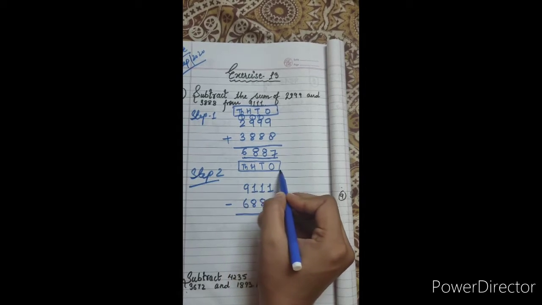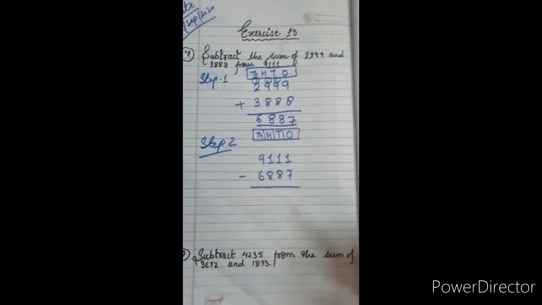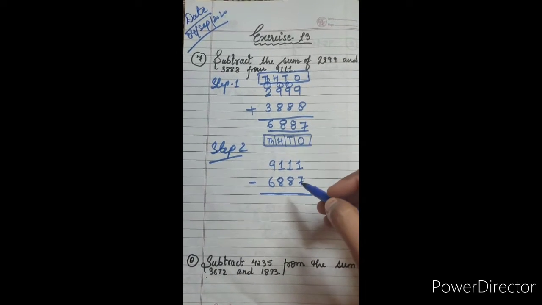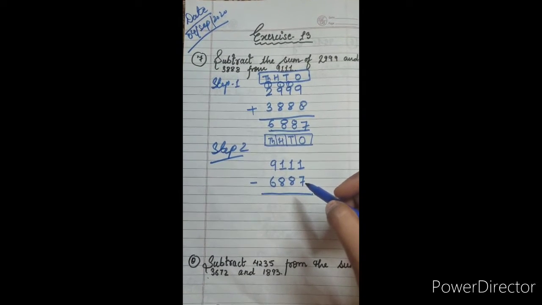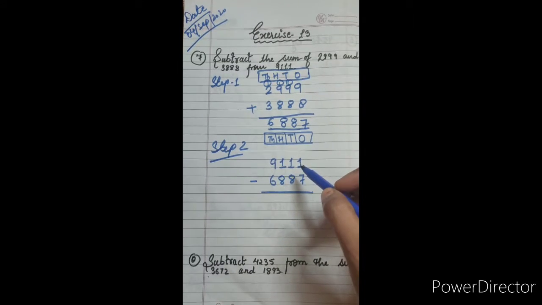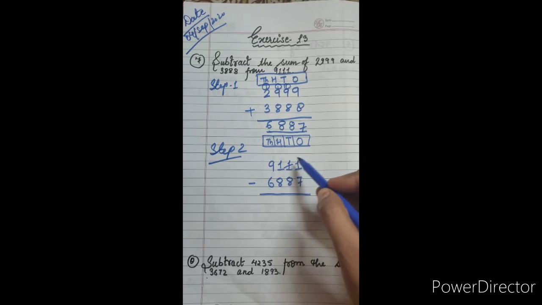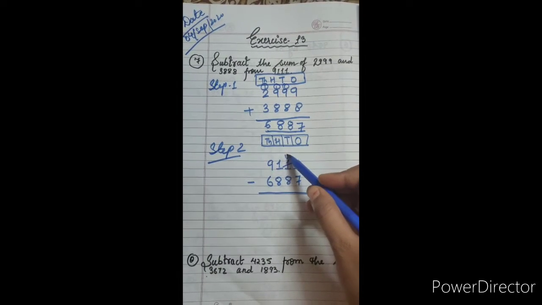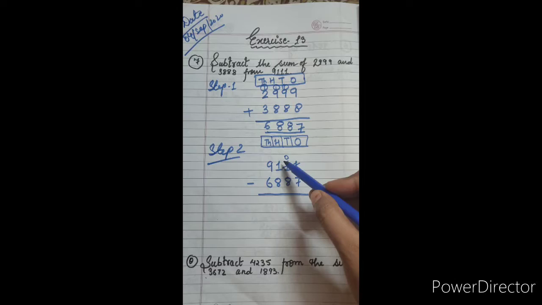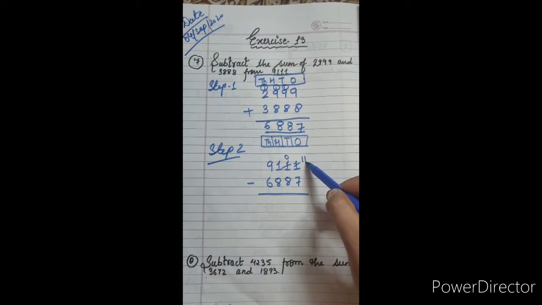Now we are subtracting ones. So we want to subtract 7 from 1, but it is not possible. So from the tens column we borrow 1 ten, leaving behind 0, and 10 plus 1 ones becomes 11 ones.